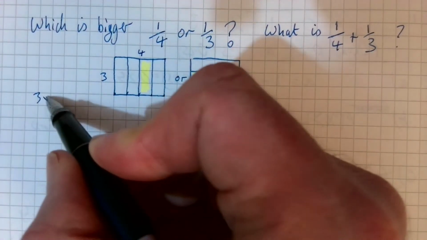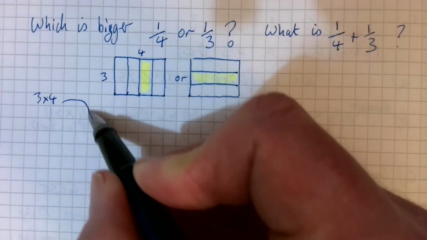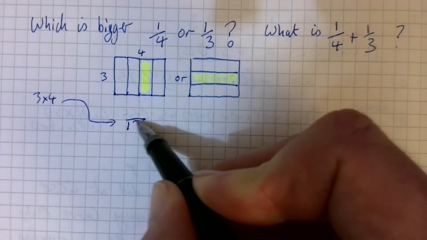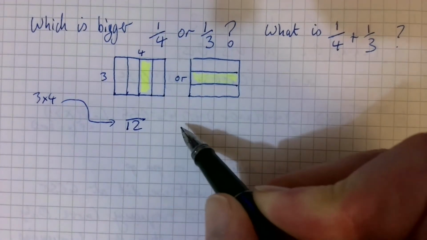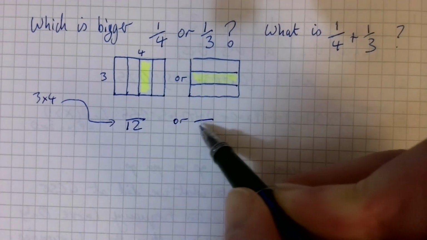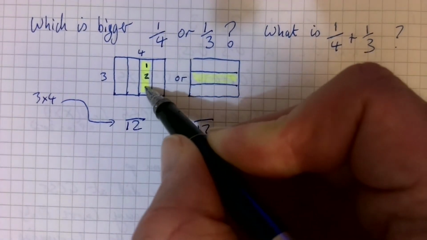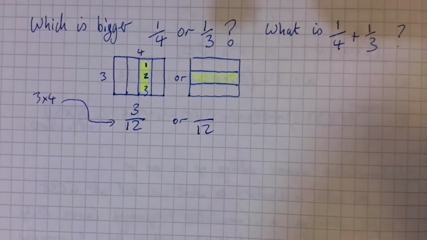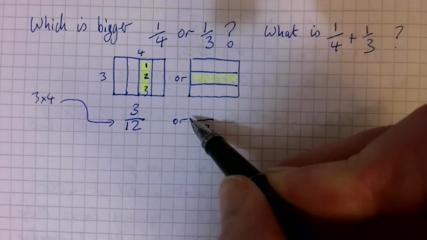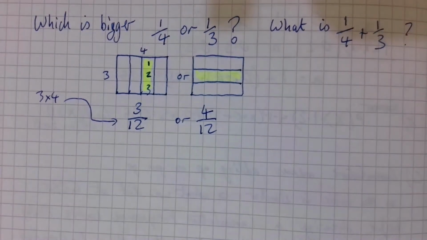So 3 times 4 gives us our denominator. And I've got 1, 2, 3 there, so it's 3/12, and I've got 1, 2, 3, 4 there, so it's 4/12.